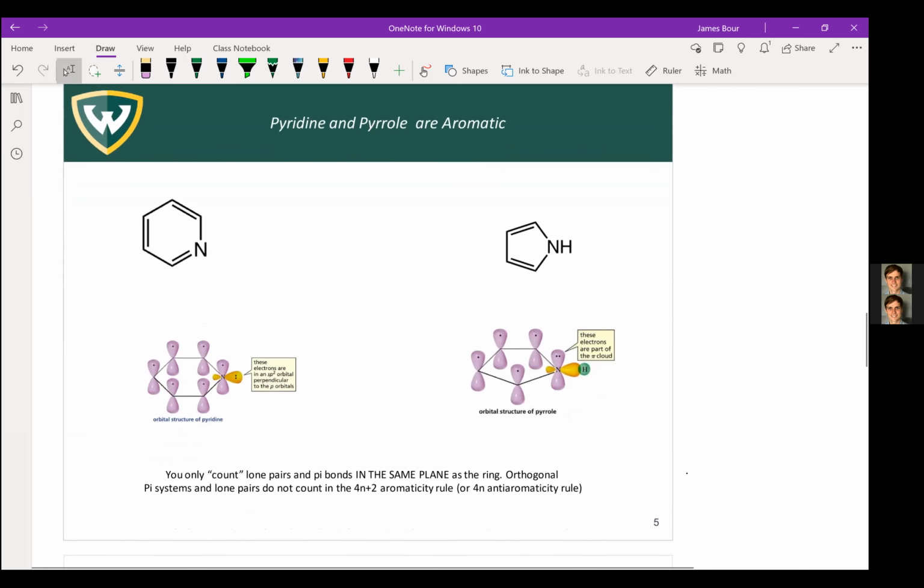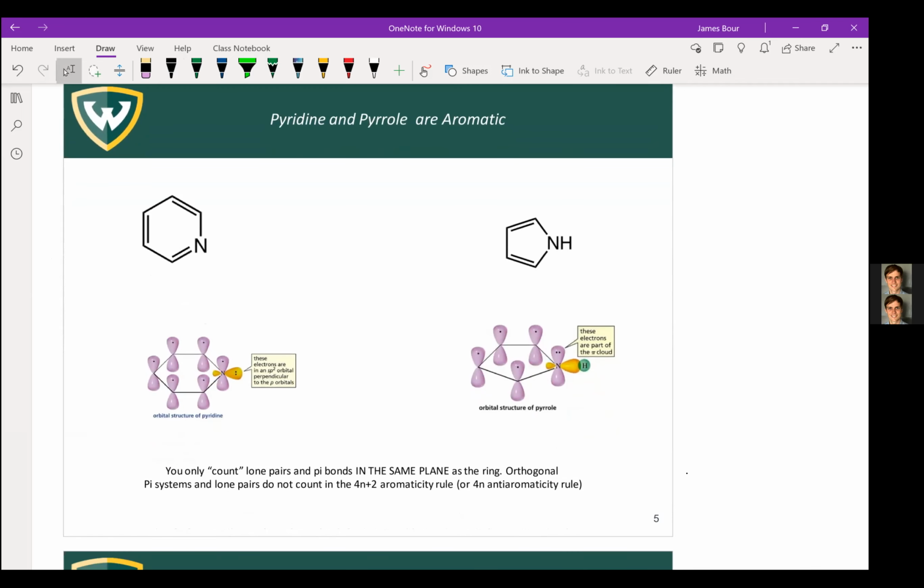Let's talk about 2 particularly confusing cases of aromatic molecules. Both pyridine and pyrrole, this molecule on the right is pyrrole, are aromatic. And if we look at nitrogen, we see that it's neutral. We'll see that nitrogen therefore has a lone pair in the ring system as part of the pi bonds.